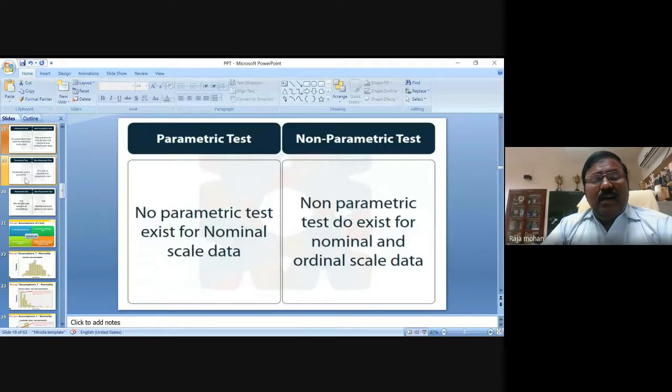Actually here you can remember that no non-parametric test exists for nominal scale data. You can remember nominal scale and ordinal scale, the NOIR technique we used to say. But this is theory, because nominal scale data are number based.